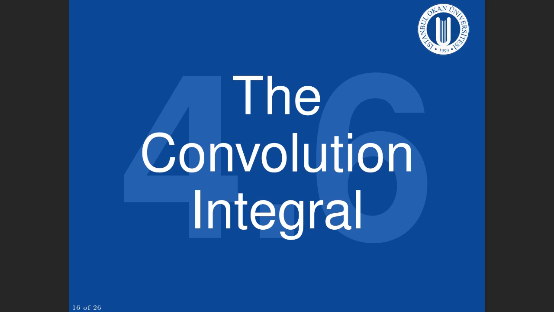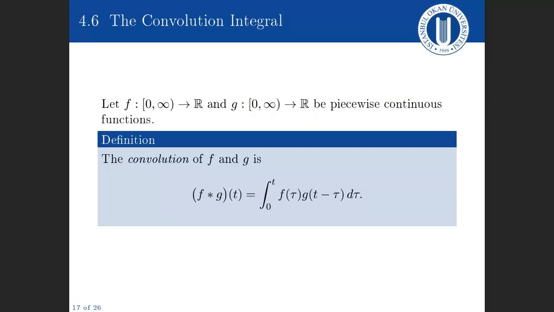The second key idea for this week's lesson is the convolution integral. Let's suppose we have two piecewise continuous functions, f and g. We can combine them into something called the convolution of f and g. And we write this as f star g.